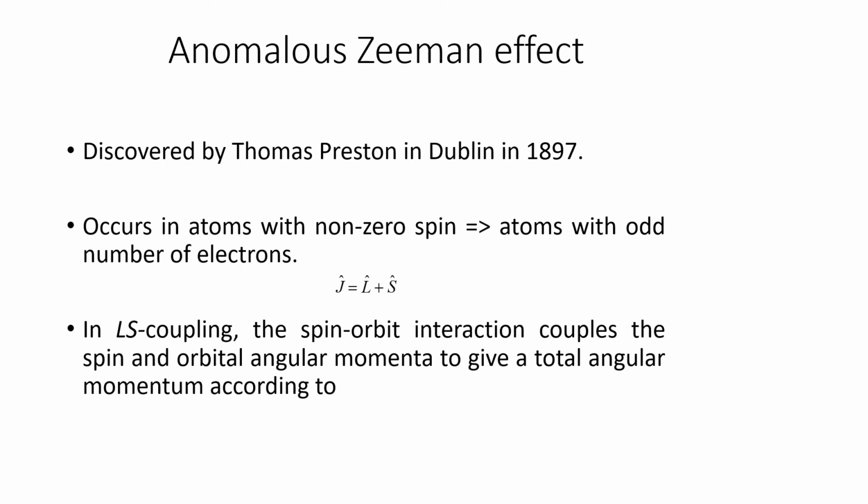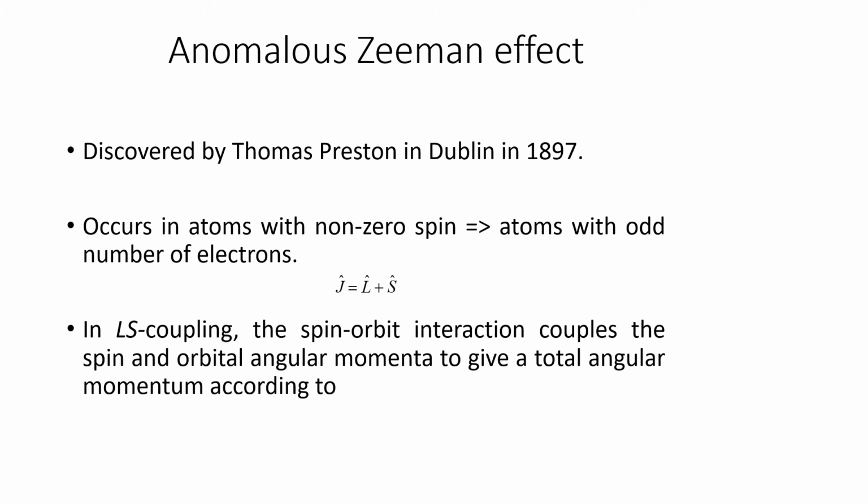As we have discussed, the Zeeman effect was discovered by Thomas Preston in 1897. This is possible with non-zero spin. Yes, non-zero spin. In the previous case, the Zeeman case, it is possible with zero spin.